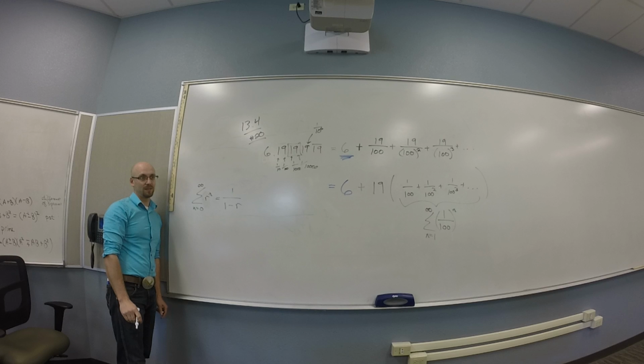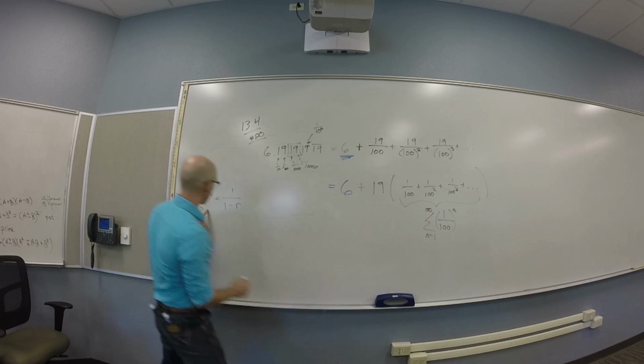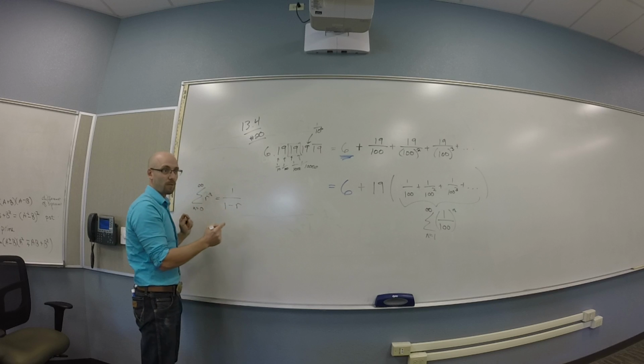Yes? Maybe? I see. Okay, so how do I make it start at 0? What do I need to do? Minus 1. Yeah, I need to take this thing, right, and subtract the first term off of it. You guys see that?